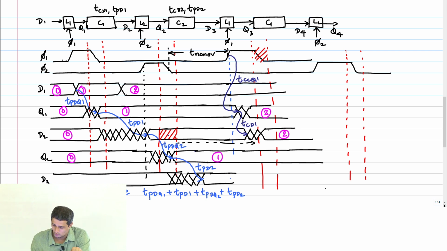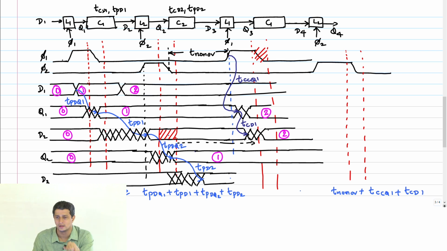Okay, so let's write it. Going from this clock edge all the way to this delay, I have a delay of T non-overlap plus TCQ1 plus TCD1, right?